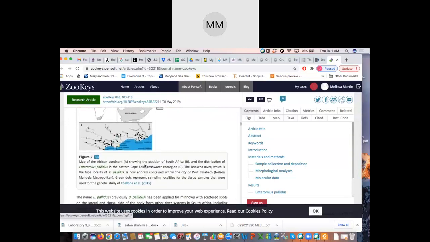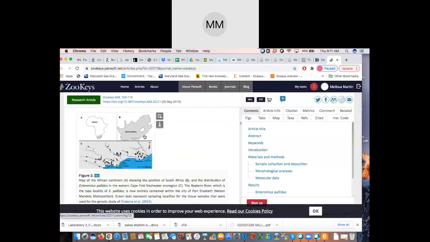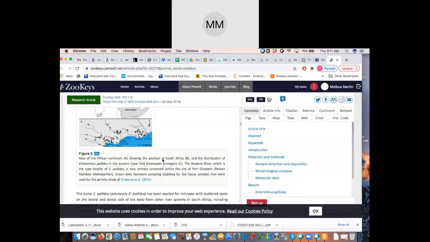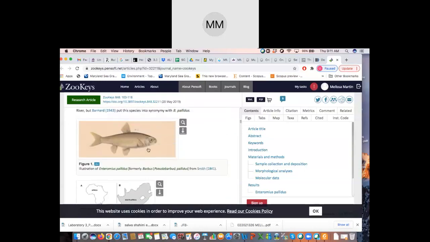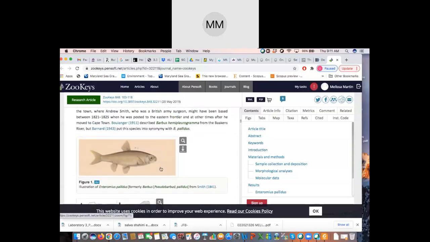And a lot of the species occur in a very complex river system in South Africa, which makes it all the more difficult. And this author didn't describe it very thoroughly for the males and the juveniles either.